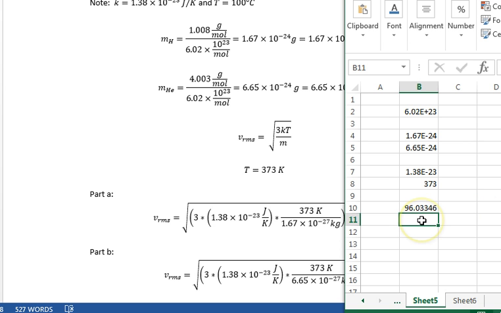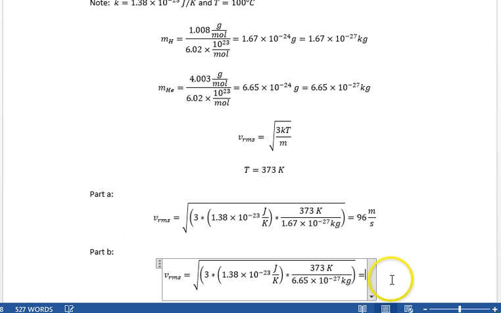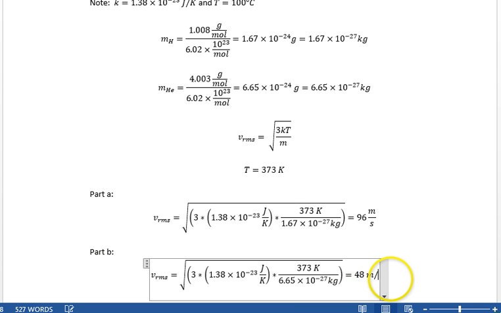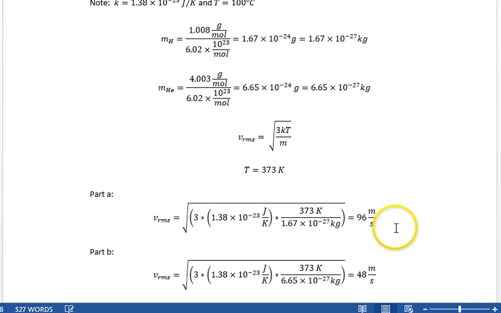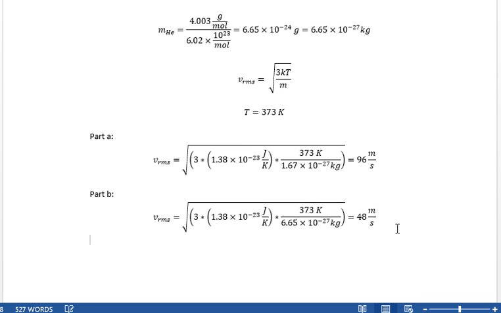So now we need the square root of 3 times the Boltzmann constant times the temperature of 373 divided by the mass of helium. And now we get 48 meters per second.